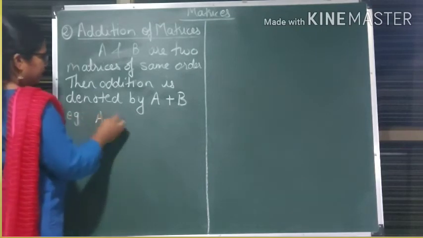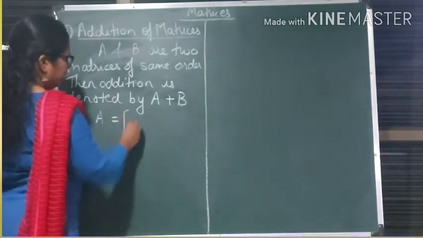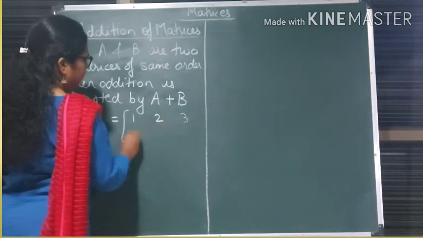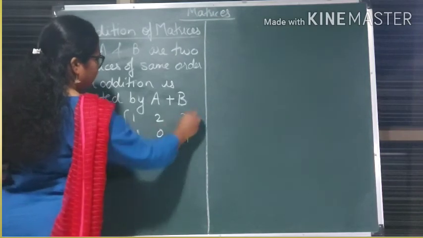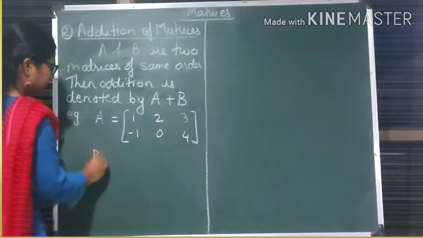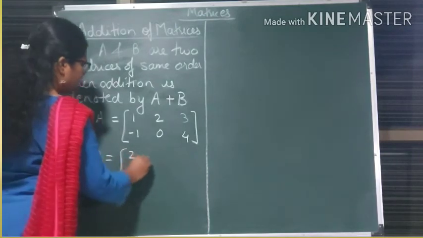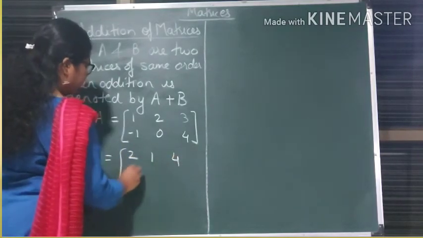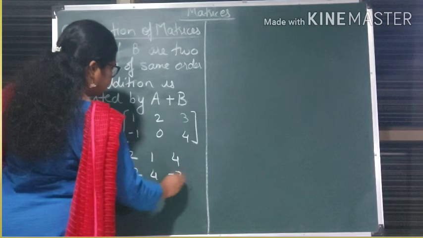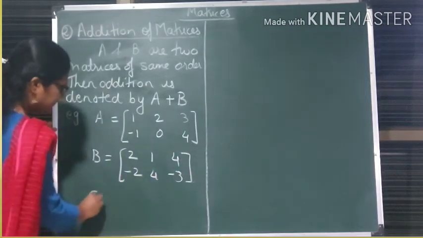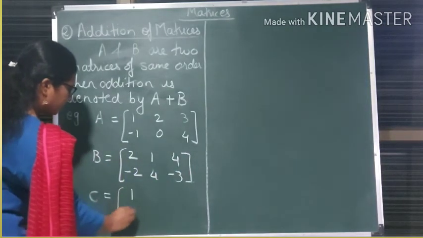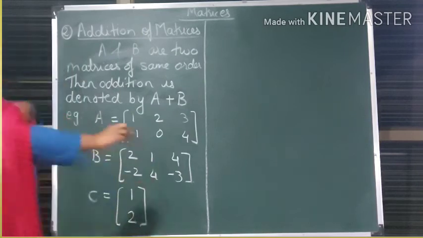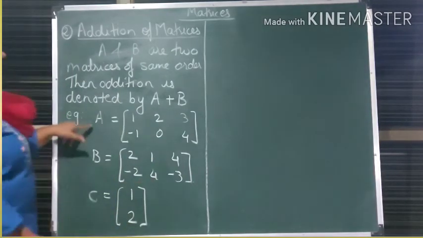Okay, so we will take one example. If you have matrix A as 1, 2, 3, minus 1, 0, 4 and matrix B as 2, 1, 4, minus 2, 4, minus 3 and matrix C as 1, 2. Yes. Now, what is the order of matrix A?